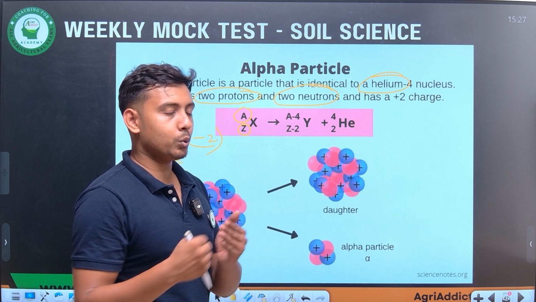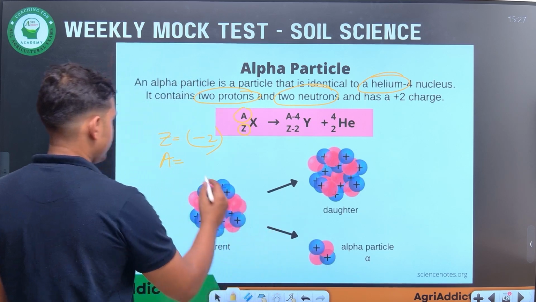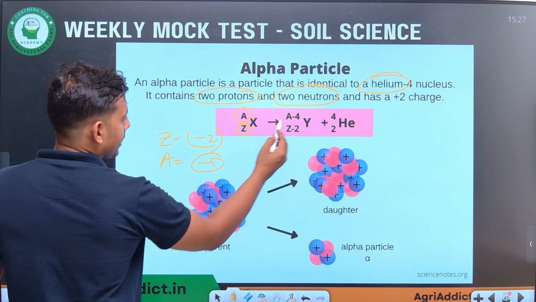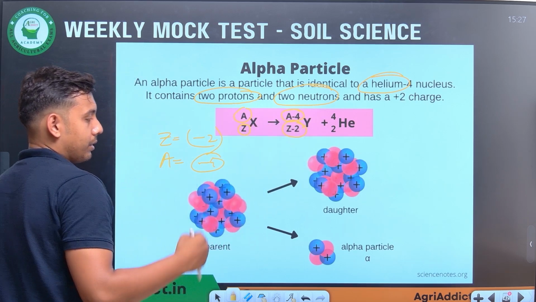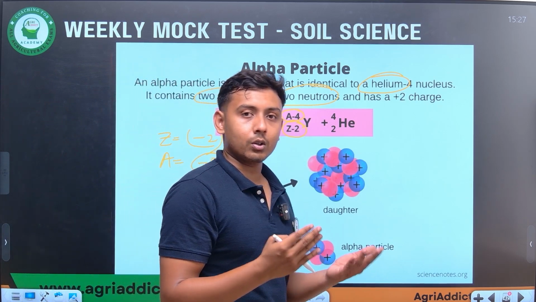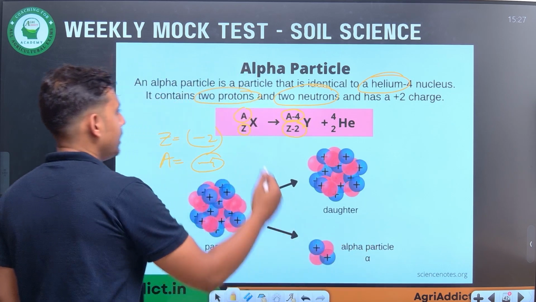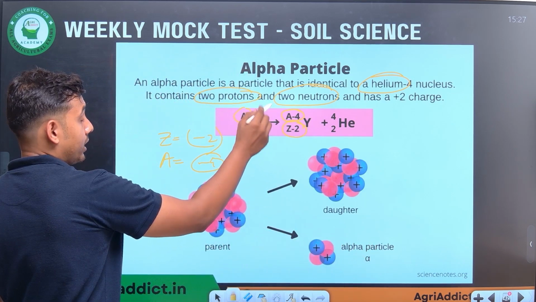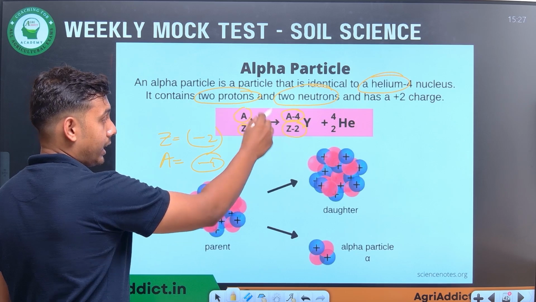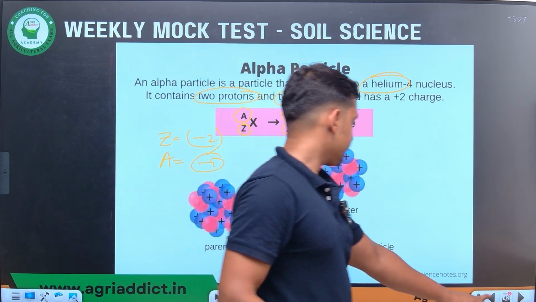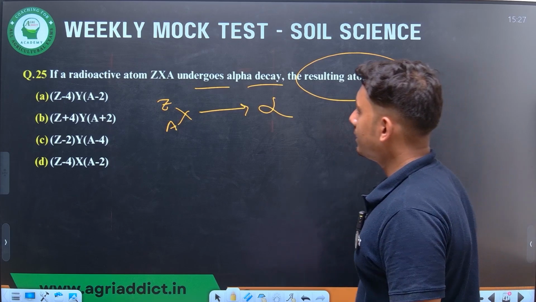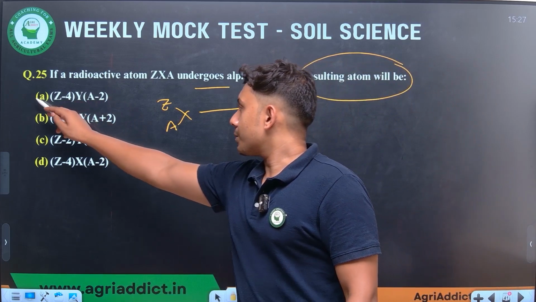If we remove 2 protons and 2 neutrons, that means minus 4. So the resulting atom will have atomic mass A minus 4 and atomic number Z minus 2.